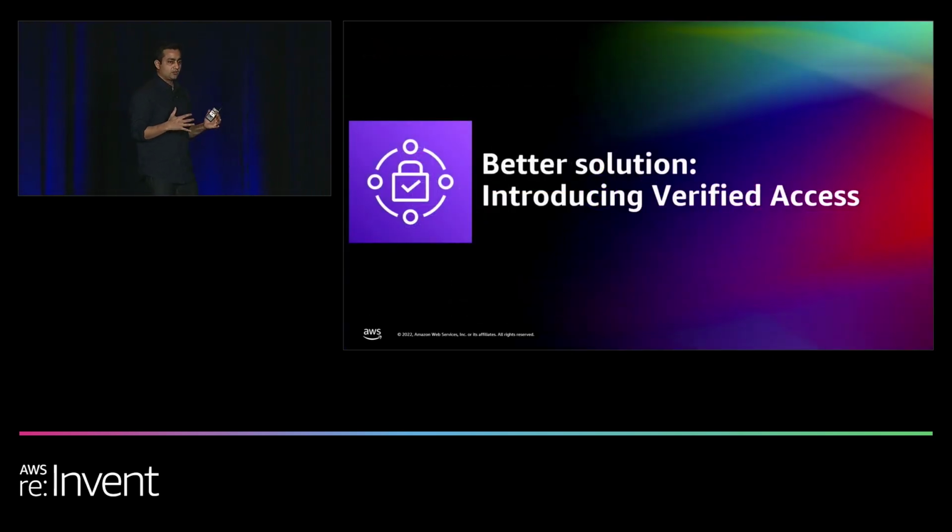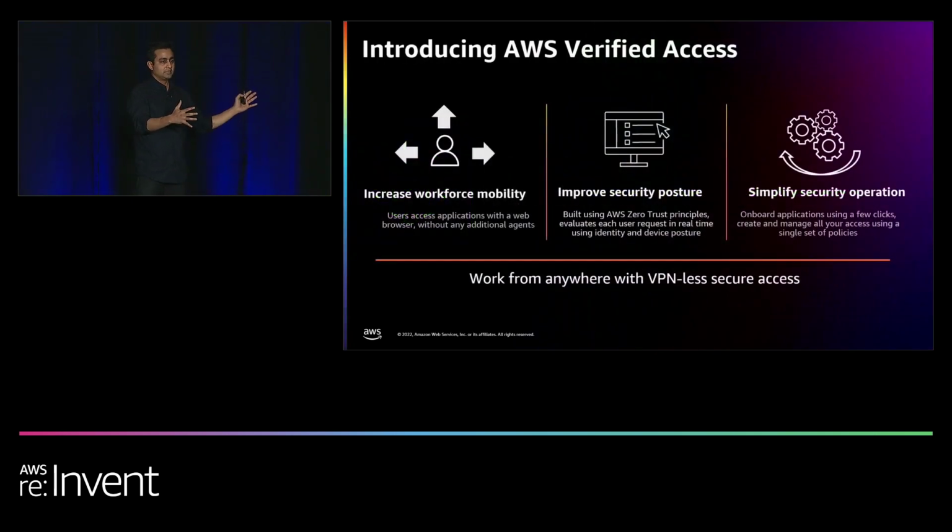So we heard all this feedback and need from our customers, and we came up with AWS Verified Access. It essentially gives users an easier way to connect, so they can access the application from anywhere. It helps the security team have a better security posture, because it's based on AWS Zero Trust principles.